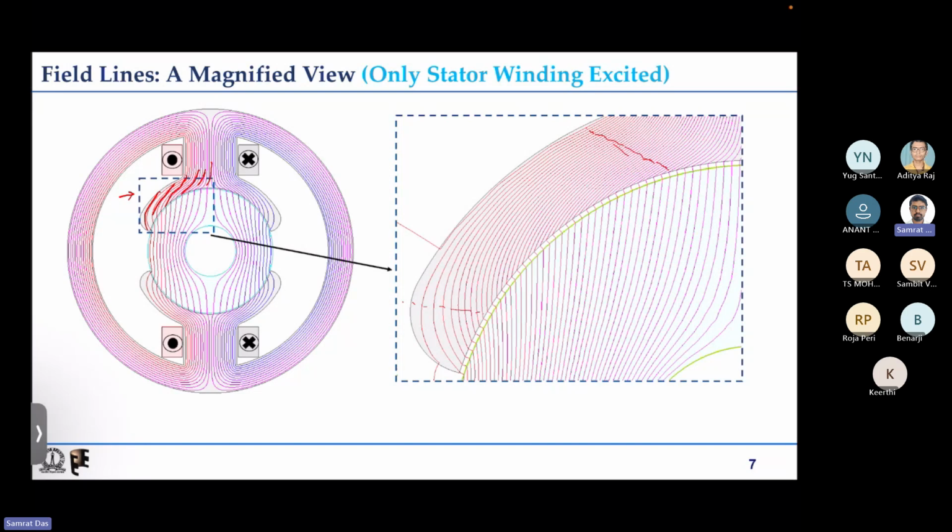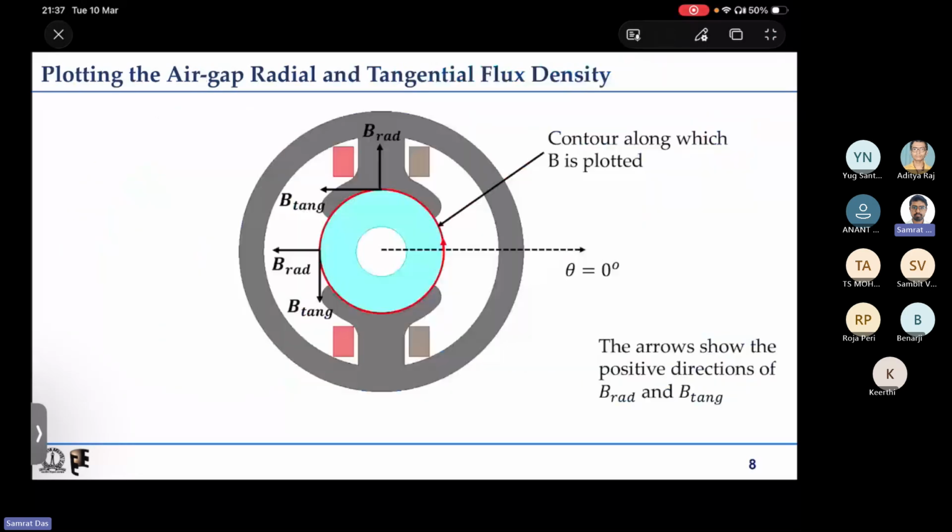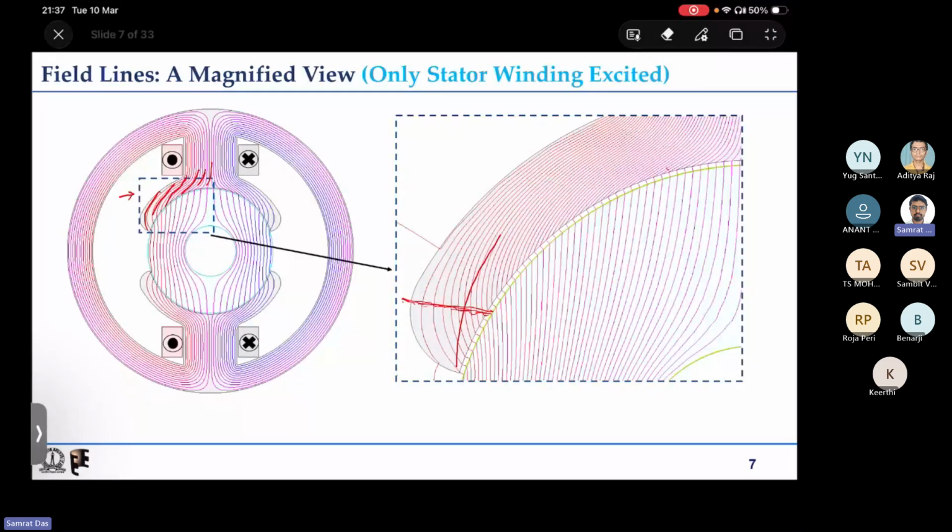But in this region, the flux line density is quite low. That is why I told you that you are not utilizing this whole area effectively. So you could reduce the width of the pole shoe on the two sides. That will make the flux density uniform, and there will be more utilization of the area. As of now we will stick to the case that you have taken.